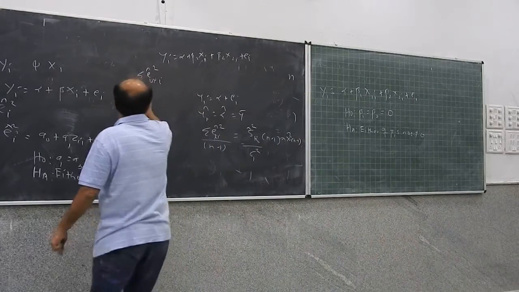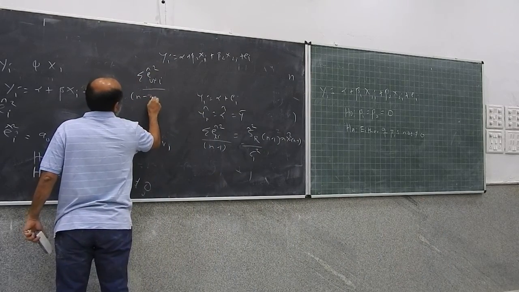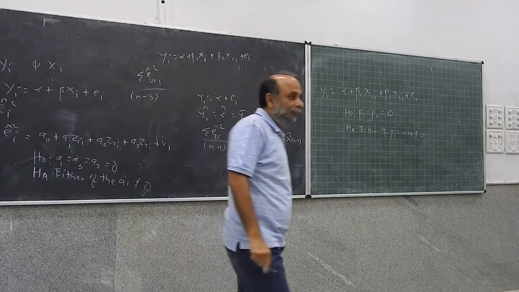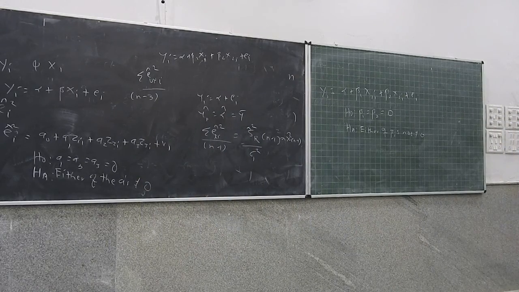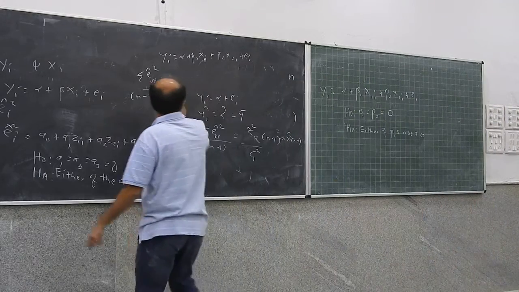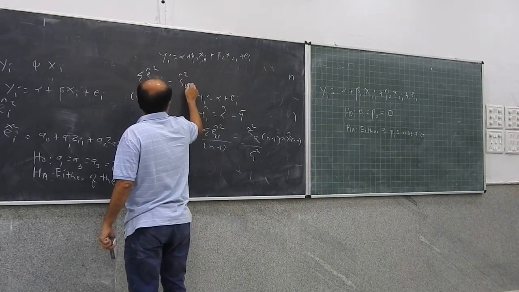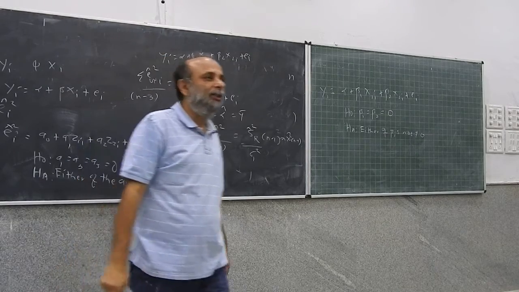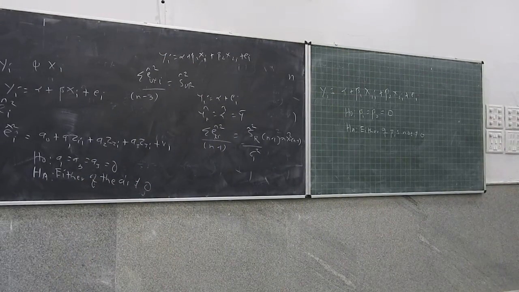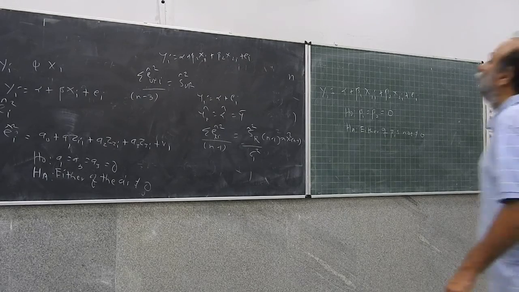Because 3 parameters are being estimated, this is nothing but S2 square of the unrestricted regression, the sample variance of the error term of the unrestricted regression, right?